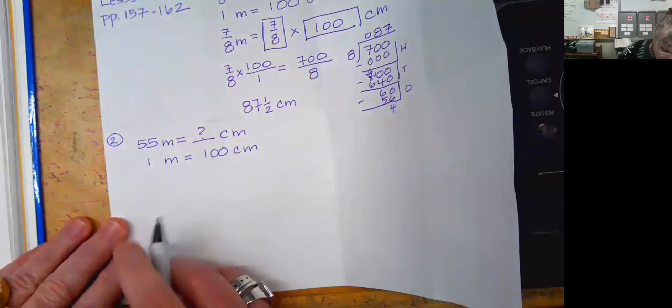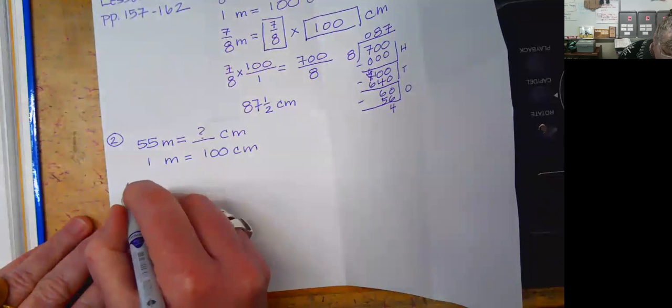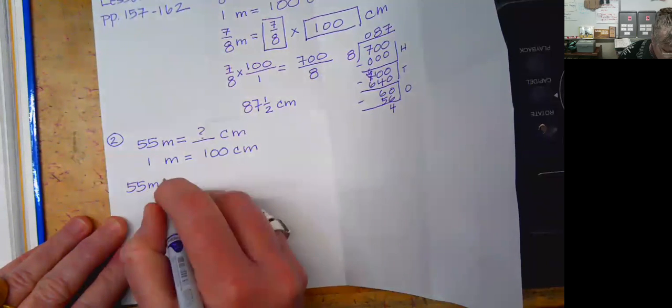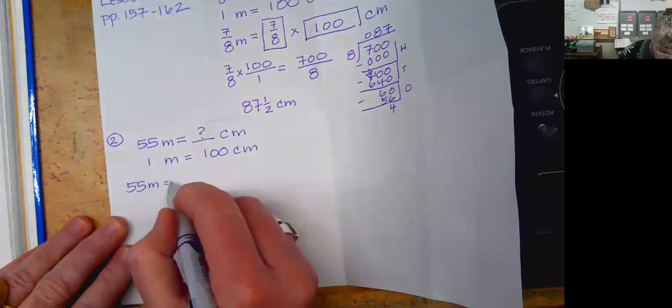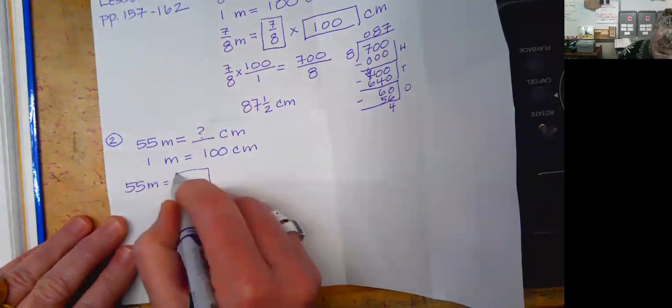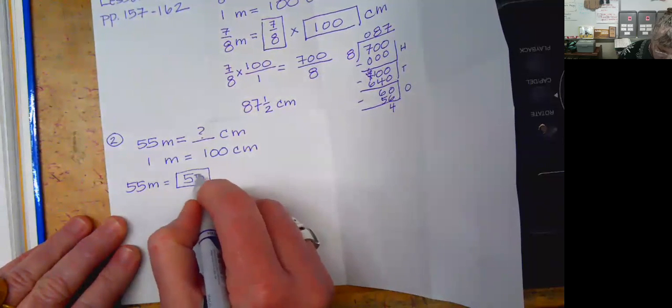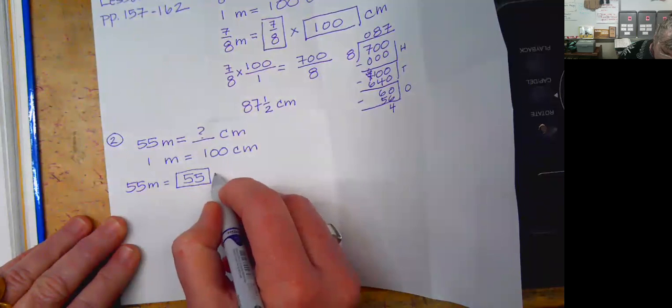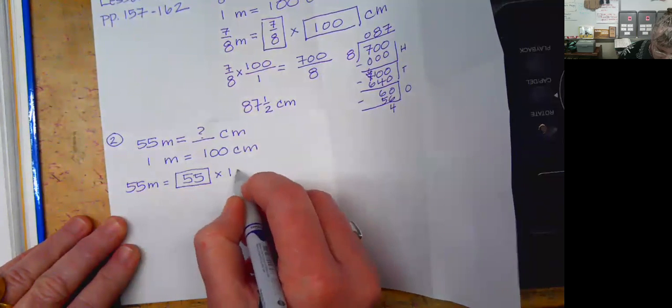So that means that I'm going to take 55 meters and I'm going to multiply 55 times 100 centimeters.